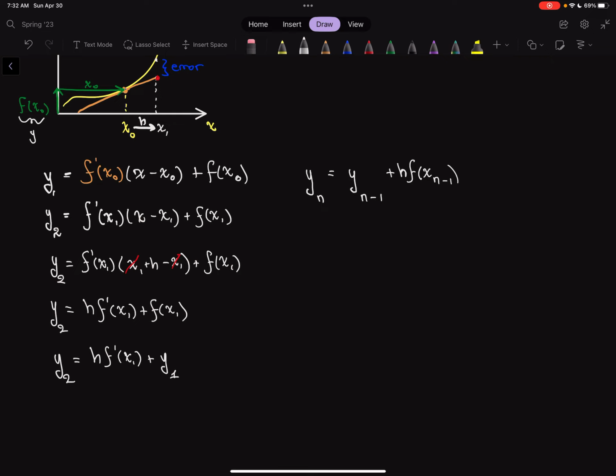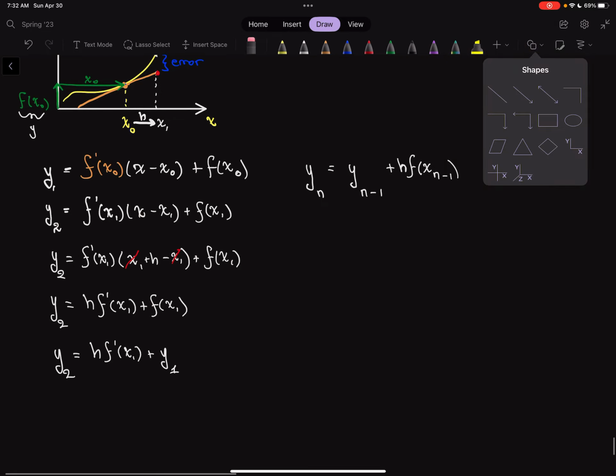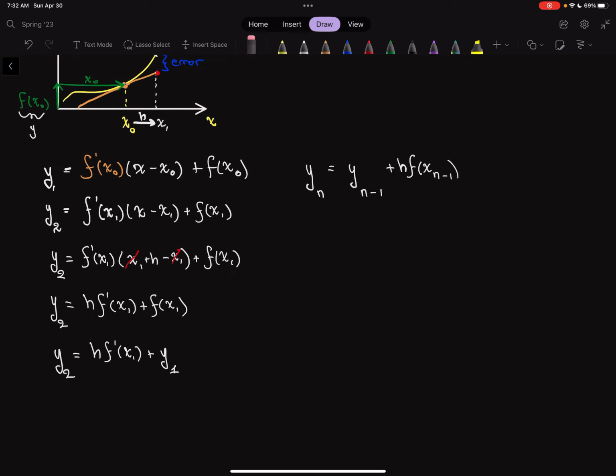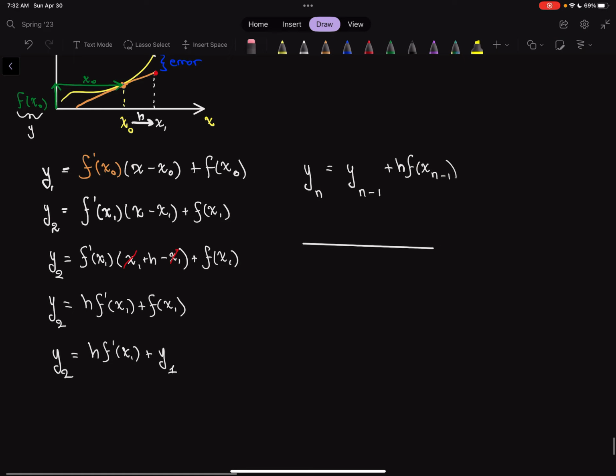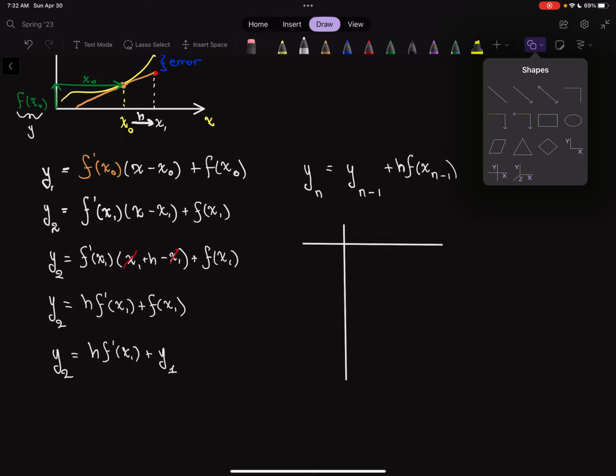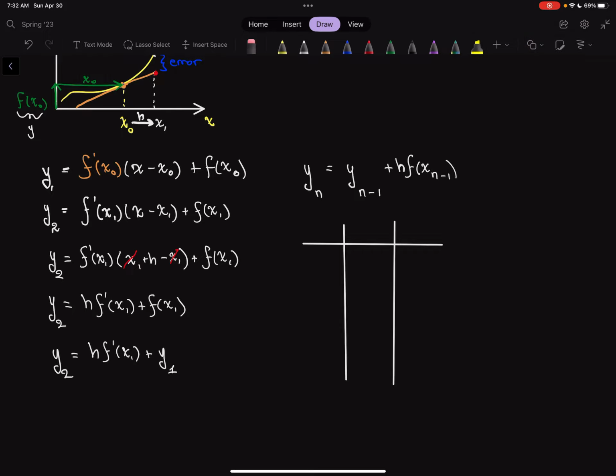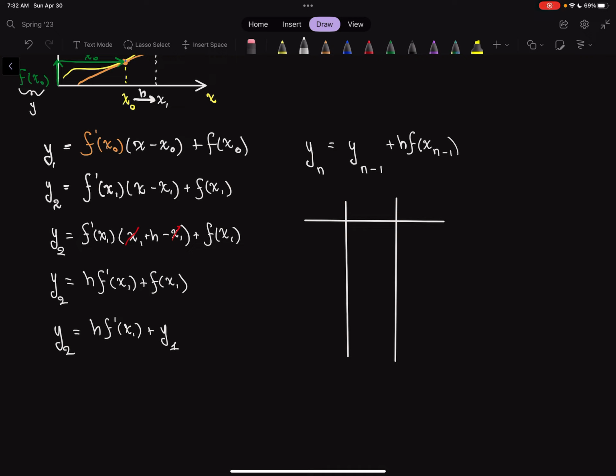We can have a table here. Let me make a little bit of a table, with values down here, and we can say that this is my x, this is my y, and this is my dy dx.